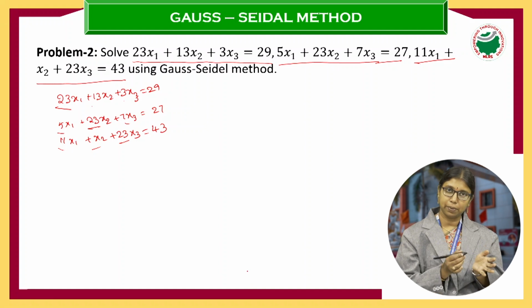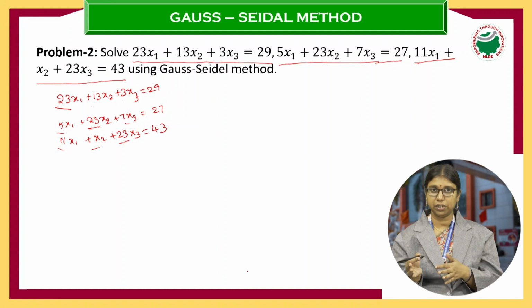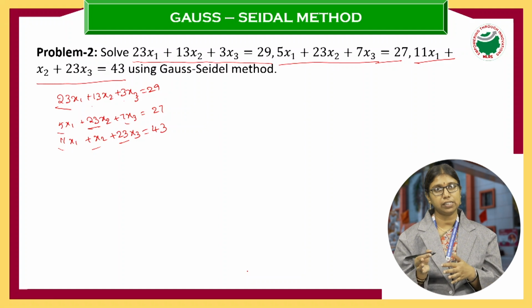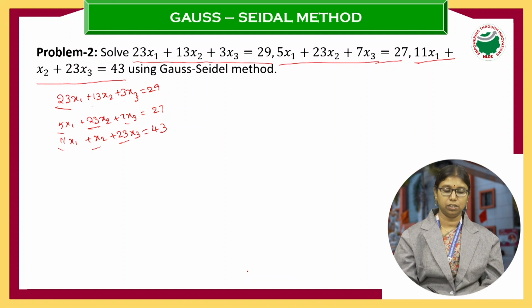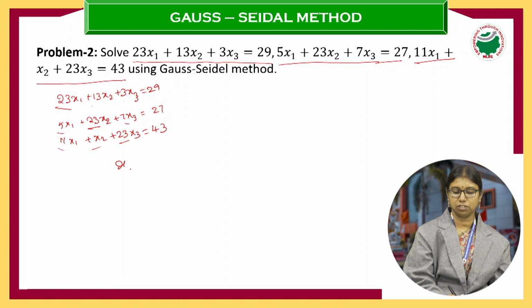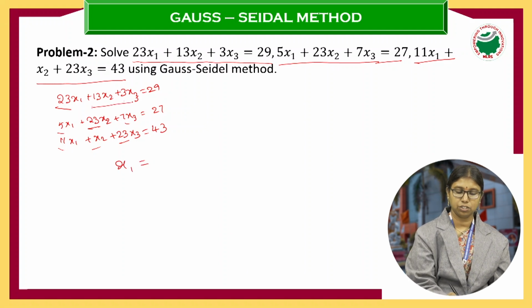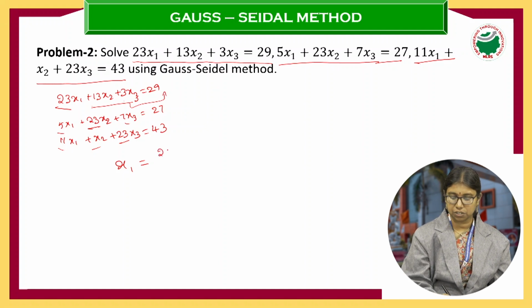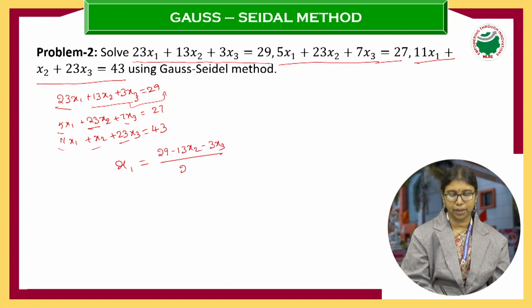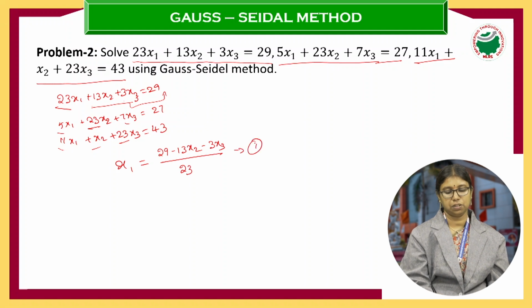Then you can separate the first variable from the first equation, the second variable from the second equation, and the third variable from the third equation. So separating the first variable from the first equation, you will get x1 as: take these two terms to the right hand side and divide the total equation by 23, that is 29 minus 13x2 minus 3x3 by 23. This is the first equation.